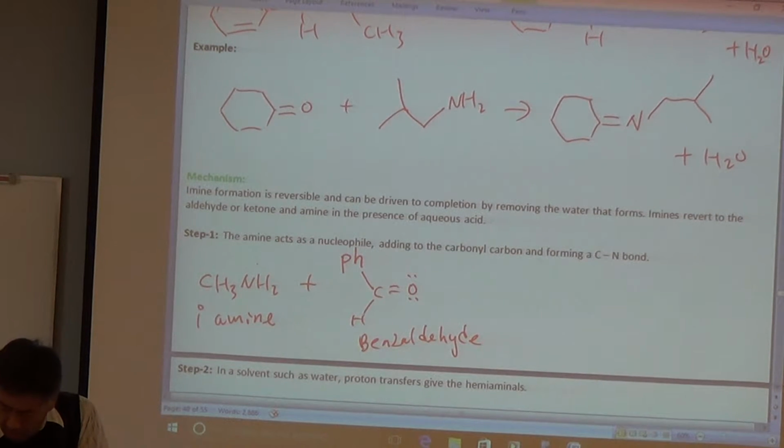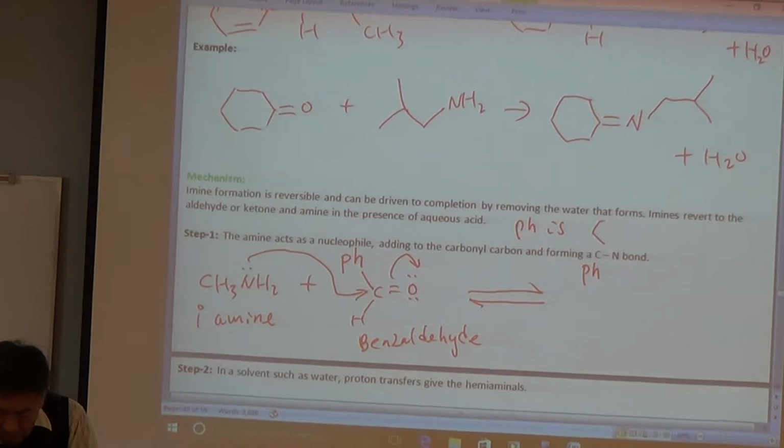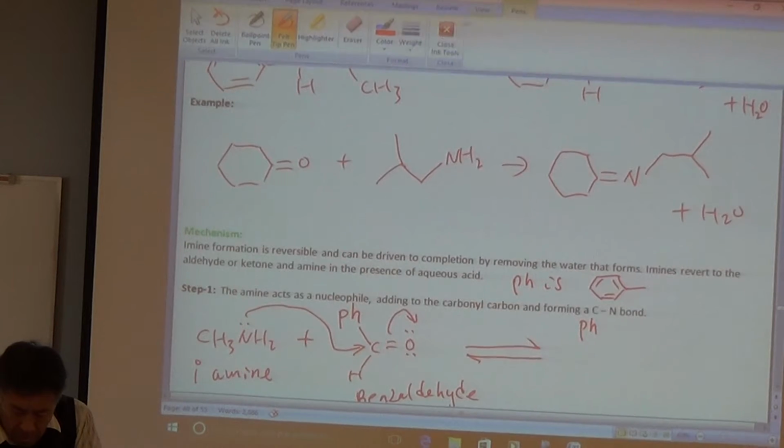Okay. One lone pair of electrons on the N attacks this carbonyl carbon and puts electrons onto the oxygen. Ph is for this group right here. And this bond doesn't mean metal, it means this bond is already drawn like this, so it's bonding to somewhere else.